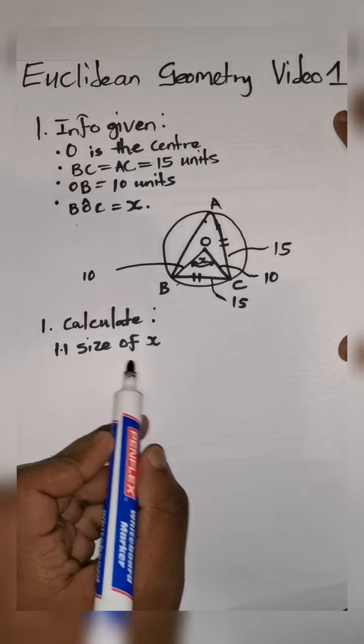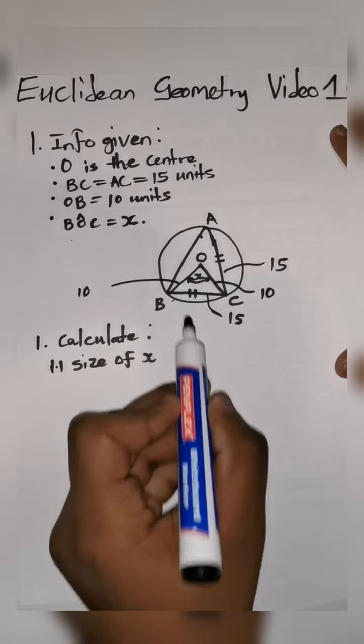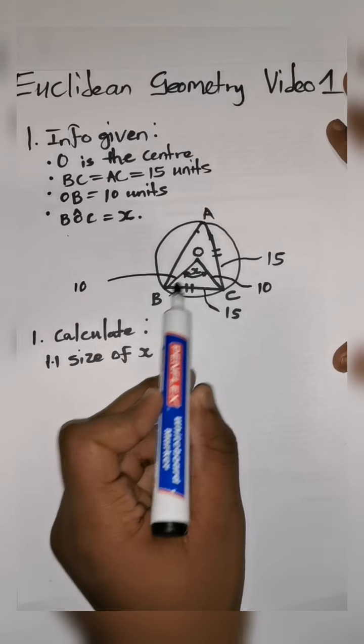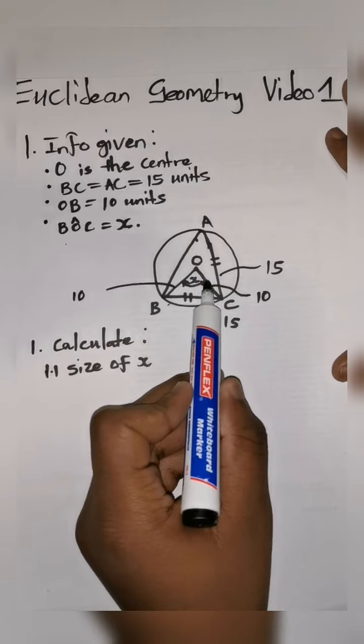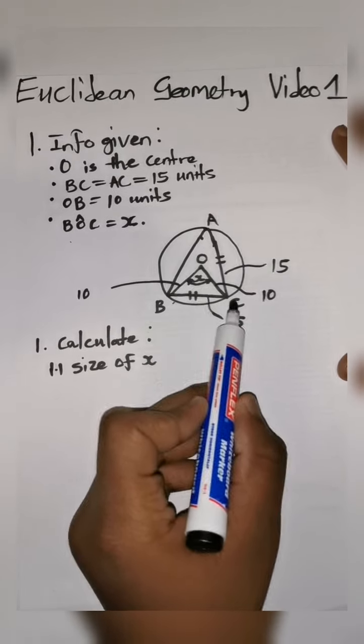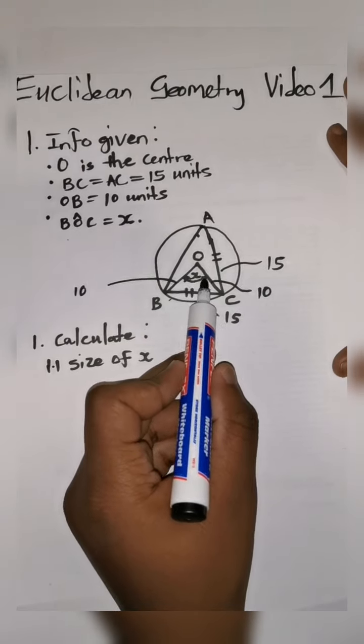We're asked to calculate the size of x. As you can notice, x is the angle BOC, it's this angle right here. We're asked to calculate an angle.